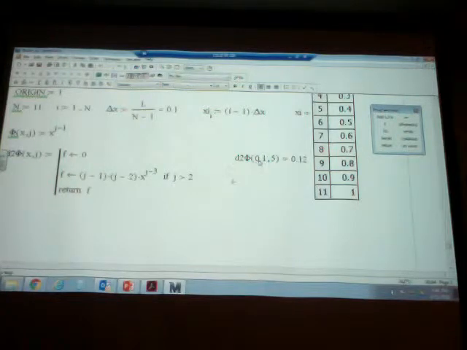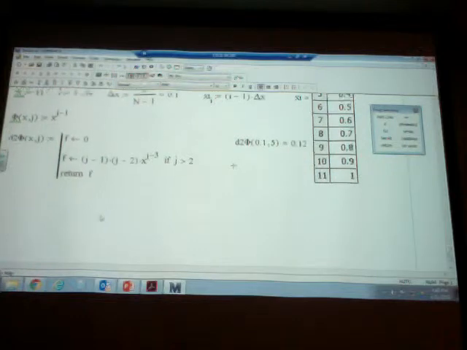But if I evaluate at 0.1, I get whatever the second derivative of that polynomial is: 5 minus 1 times 5 minus 2 times 0.1 to the power 2. And that's the case. It's 4 times 3 is 12, 12 times 0.01 is 0.12. Okay? All right.